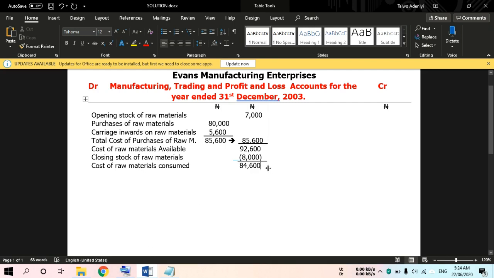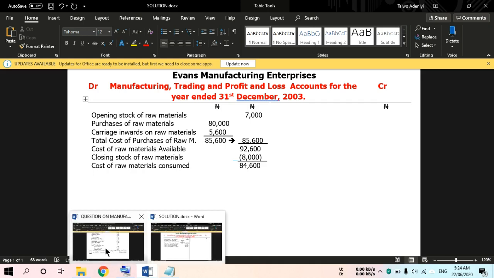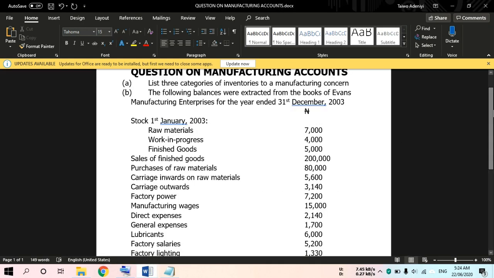Then immediately after this is to look for what we are going to add to this cost of raw materials consumed to get us the prime cost. So let's check. Now what we are going to add is the direct expenses and direct labor.